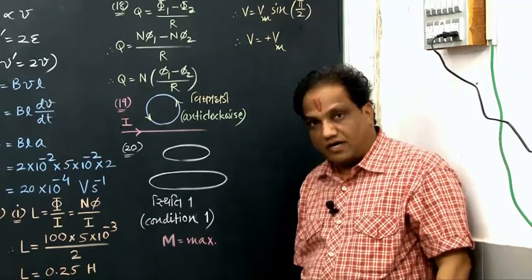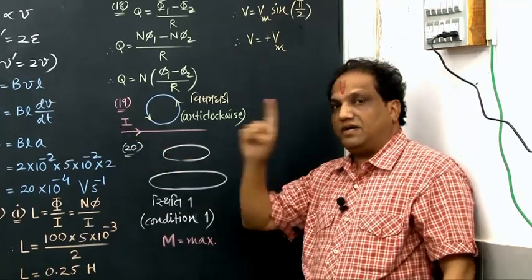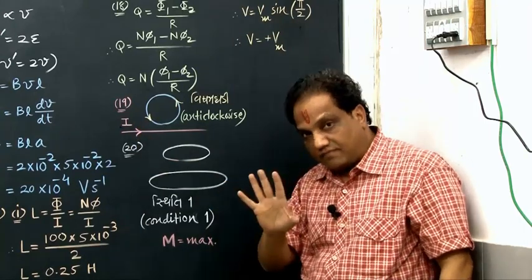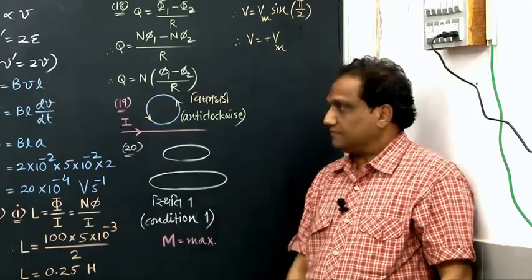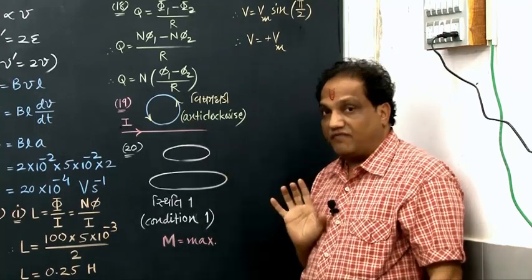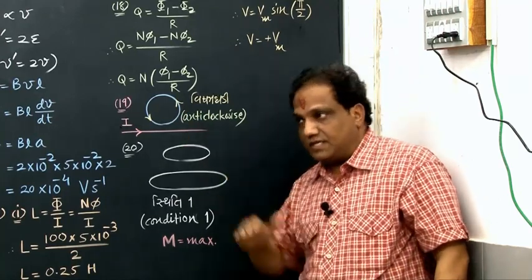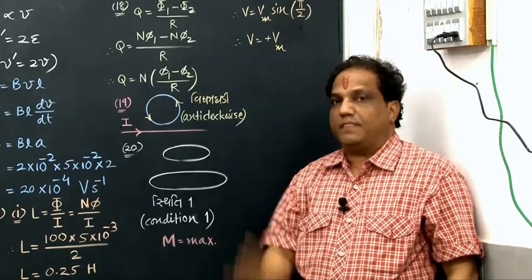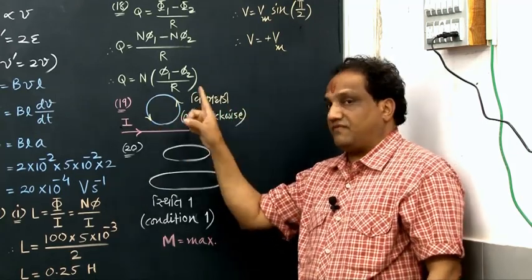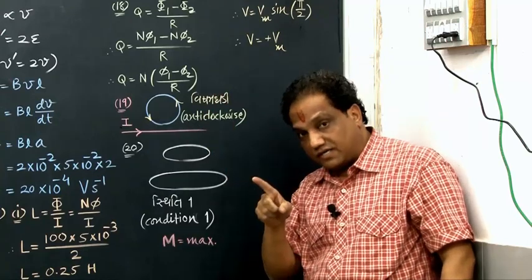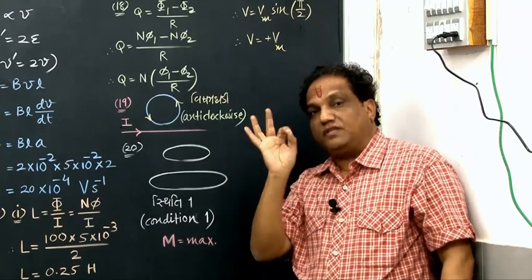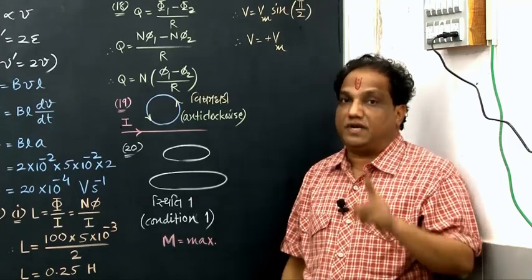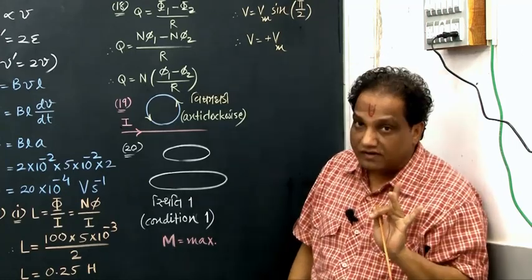But what have they said now? That this current decreases with time. If this current decreases with time, then what will happen? Here magnetic field also will decrease. So if magnetic field decreases, then induced EMF and hence induced current should be flowing in such a direction whereby they can oppose the decrease in magnetic field.